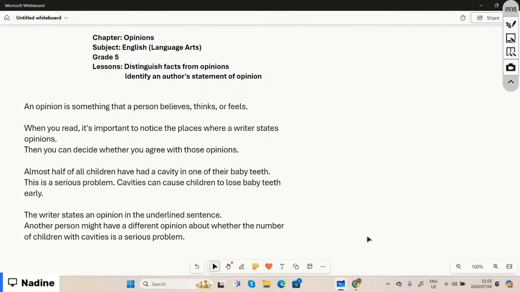And the lessons that we're going to be focusing on under the chapter of opinions are to distinguish facts from opinions, and to identify an author's statement of opinion.